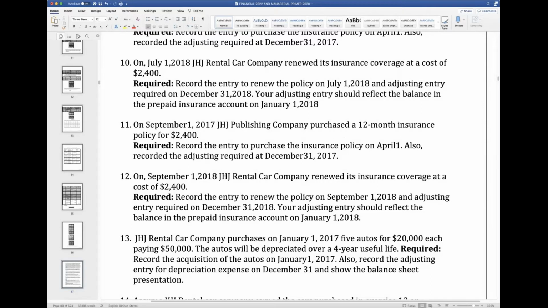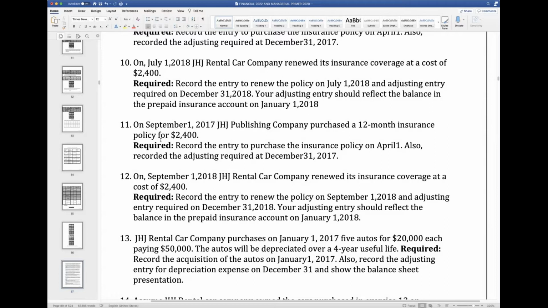You purchased a 12-month insurance policy for $2,400 on September 1. So how many months are going to expire in September in 2017? That's just 4: September, October, November. But then it said record the entry of purchase on April 1st, so I put it for April 1st.